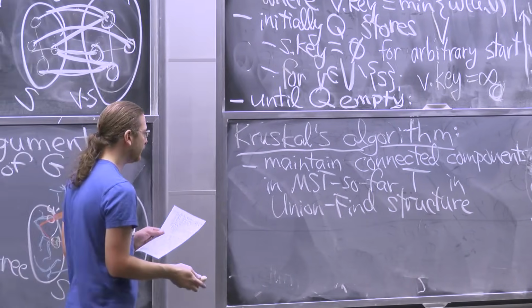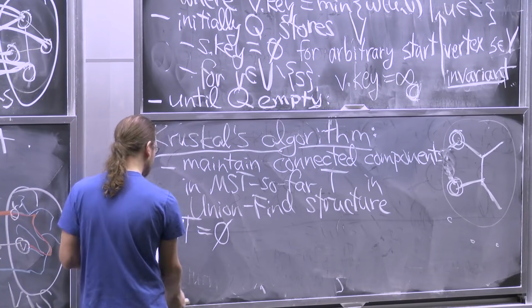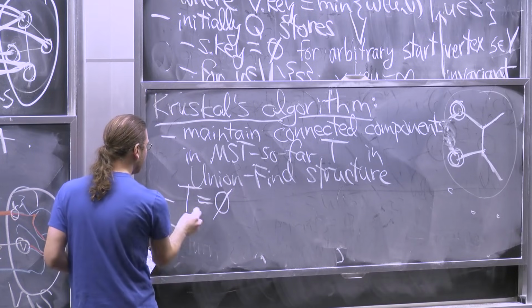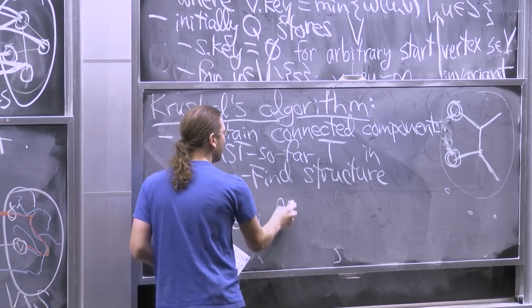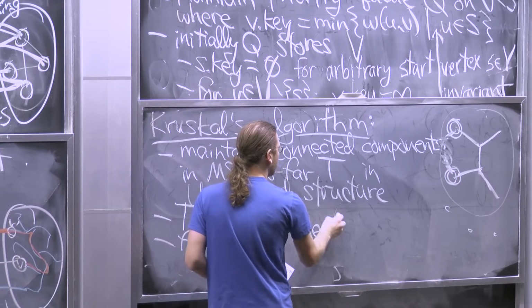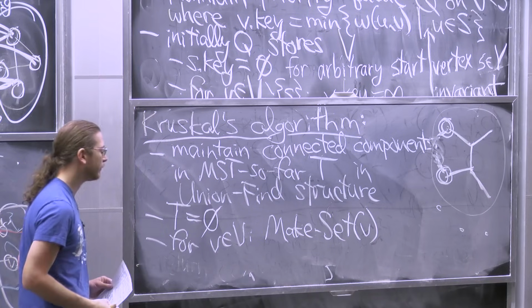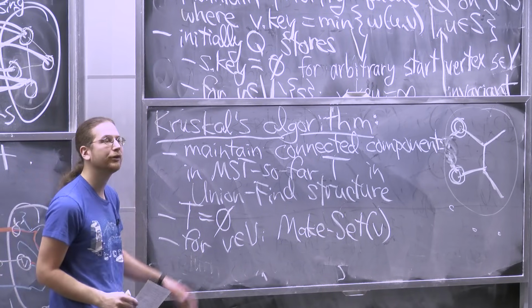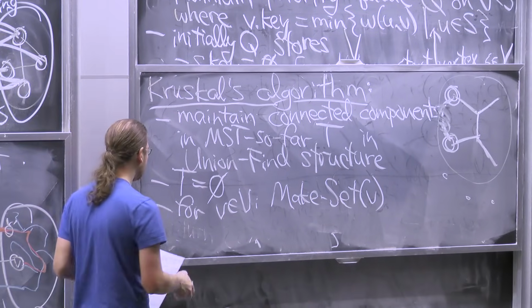So to get started, I'm not going to have any edges in my tree. And so every vertex is in its own connected component. So I represent that by calling make set of v for all vertices. So every vertex lives in its own singleton set. Okay.